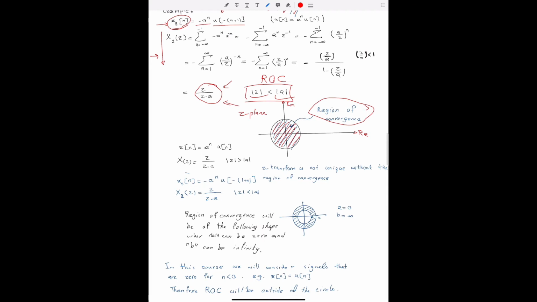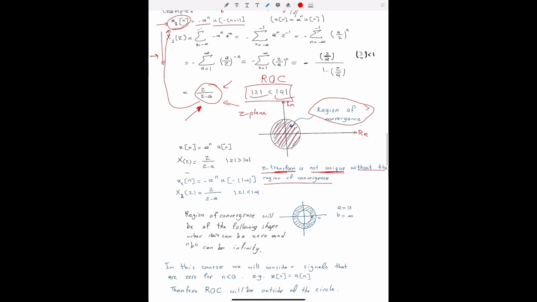So what we can conclude is that if we are given only the z transform of a signal, that's not a unique thing in order to find the actual signal, right? So the z transform of a signal could give us two different signals. So this means that the z transform is not unique without the region of convergence.